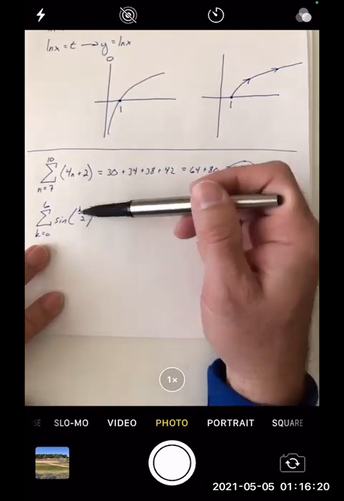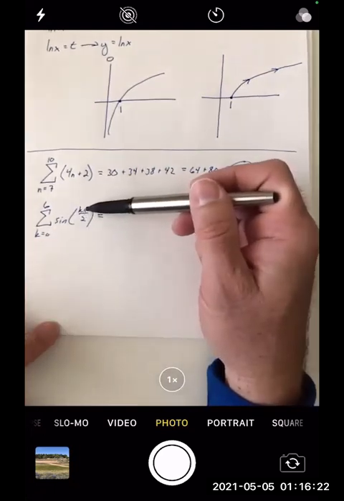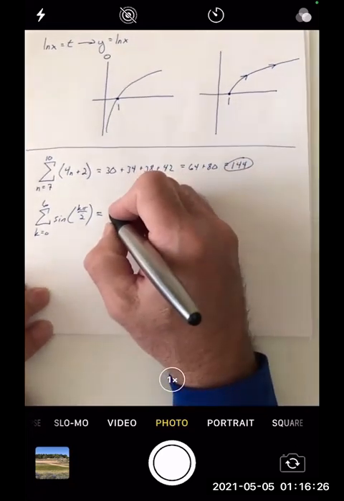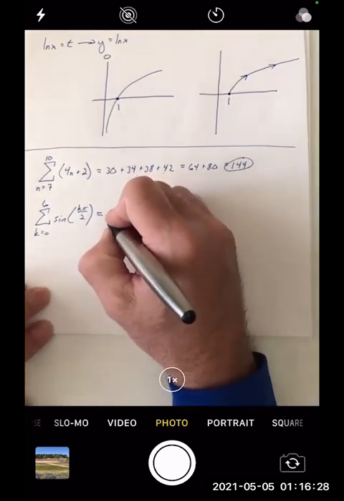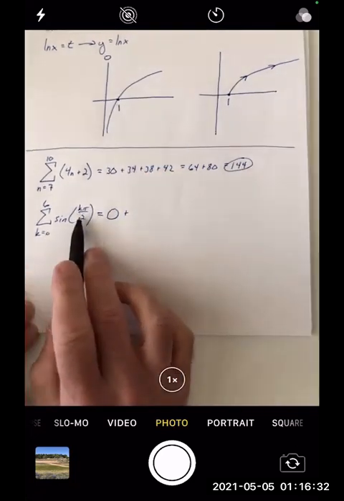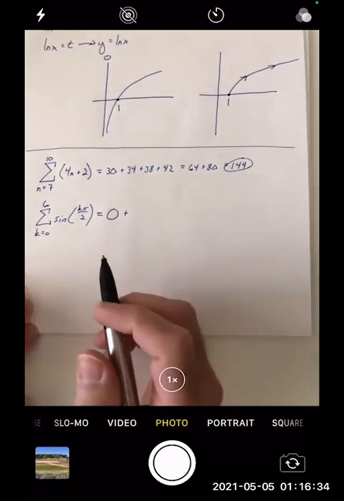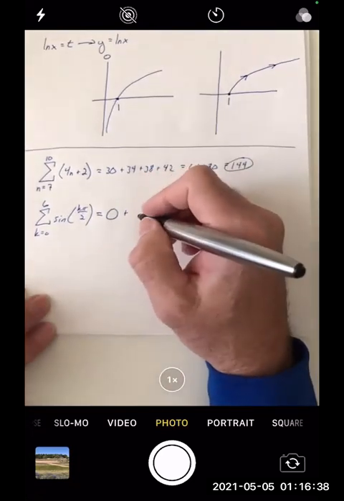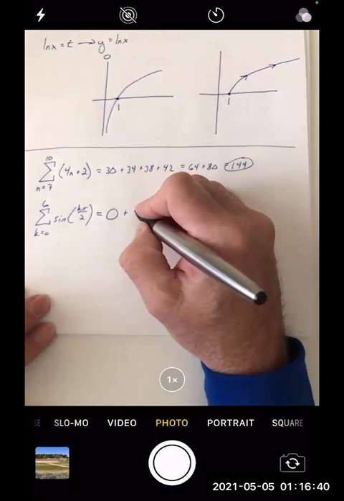When k is 0, that makes the angle 0. So what's sine of 0? 0. When k is equal to 1, now it's sine of pi over 2, which is 1.